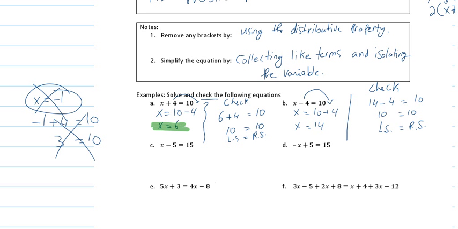Okay, try the next one. What do you do for this one, for C? 15 plus 5, that's right. So bring the negative 5 over.